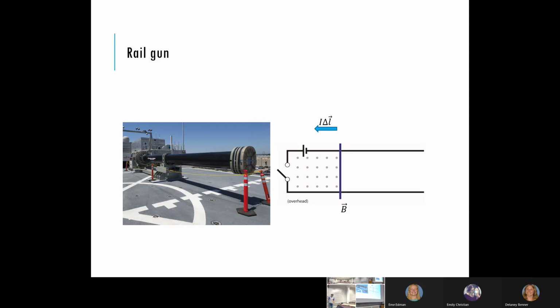Next question. The magnetic field due to these three pieces. I'm going to take my blue bar as being the system, and I've got magnetic field due to these other three pieces. What direction is the force on the blue bar due to the magnetic field of the other three?